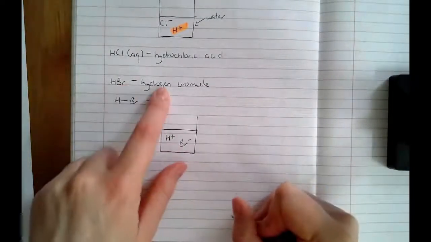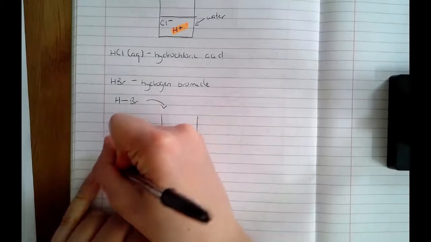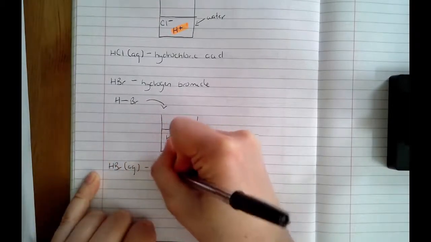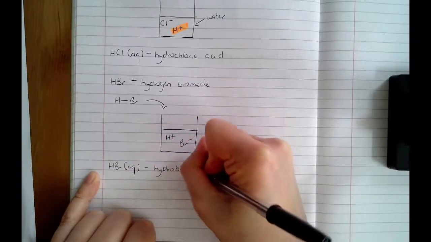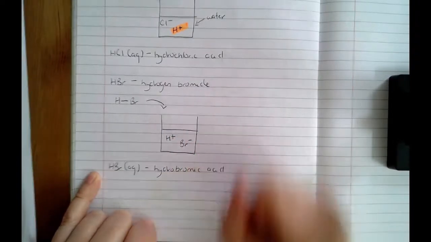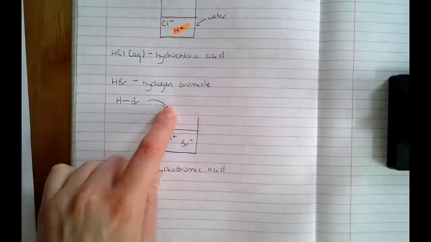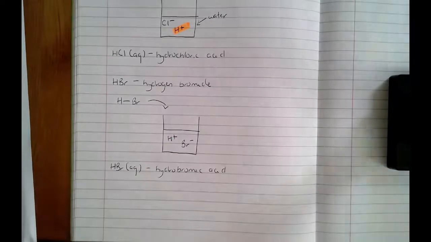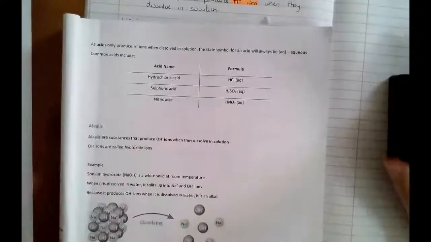And instead of calling it hydrogen bromide, when we dissolve it in water, I would start to call it hydrobromic acid. So any substance that dissolves in water and splits up to give you H+ ions can be defined as an acid. And I've got a list here of the common acids.